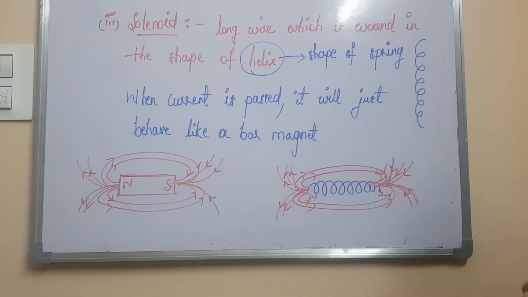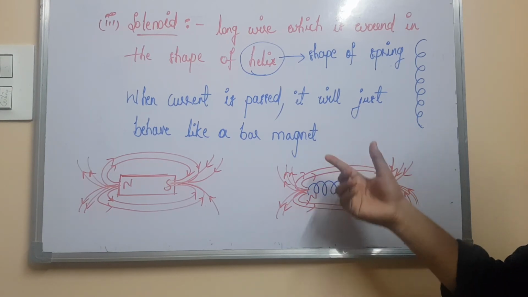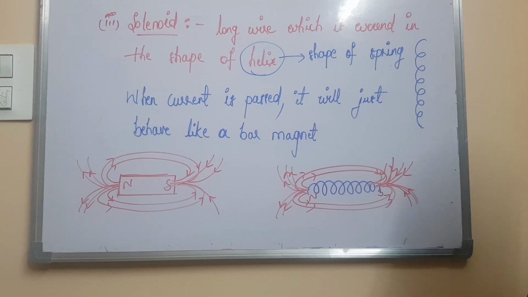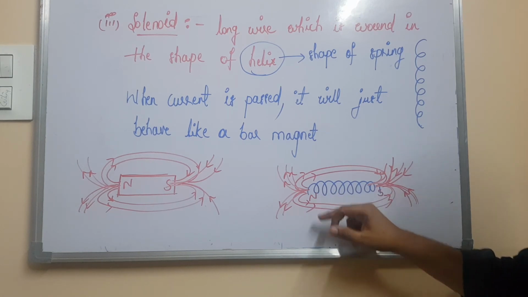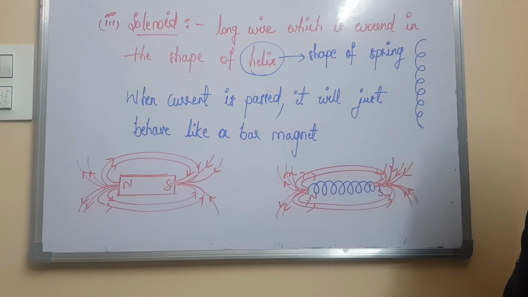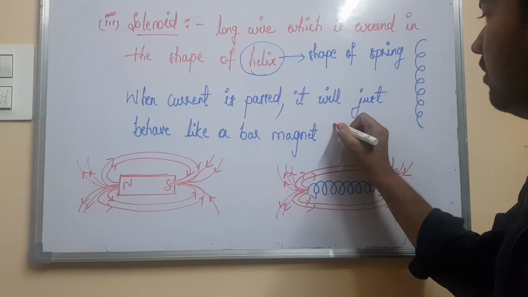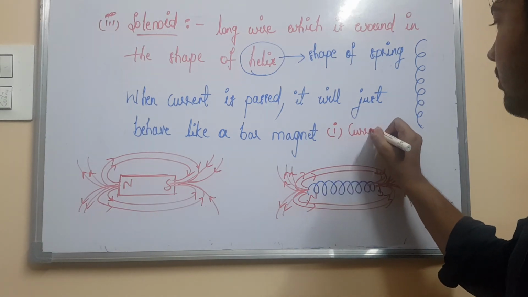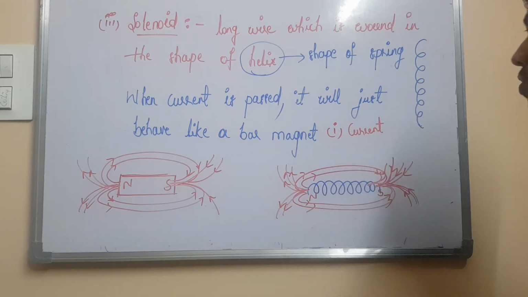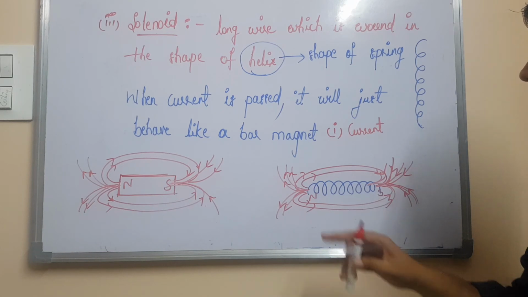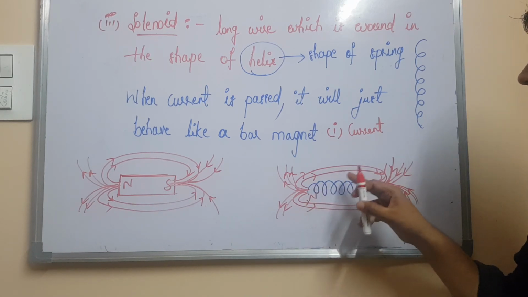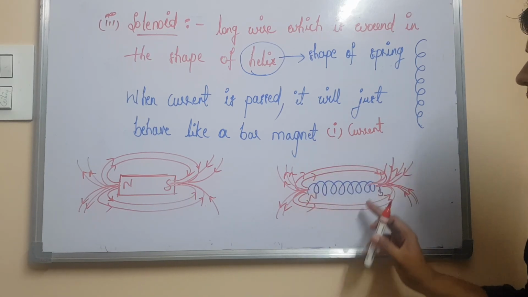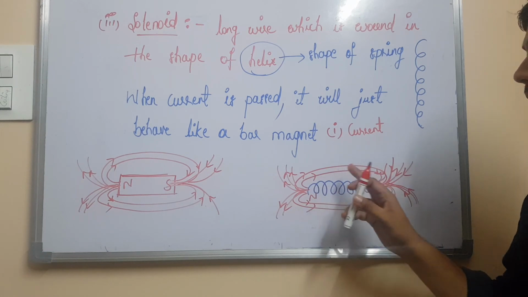And strength of the magnetic field around the solenoid will depend on two factors mainly. First one is amount of current passing through the solenoid. If we pass more amount of current, then magnetic field around the solenoid will be high.